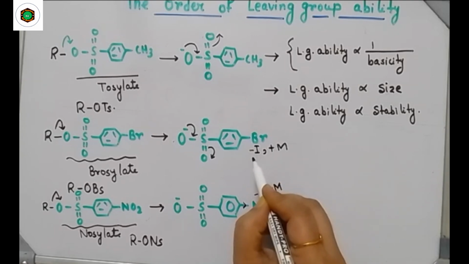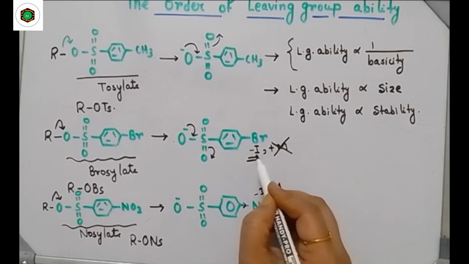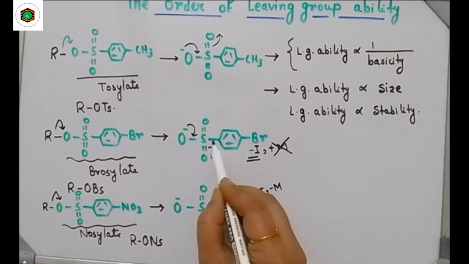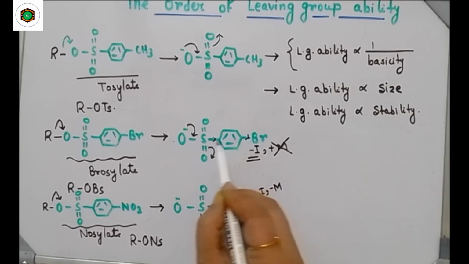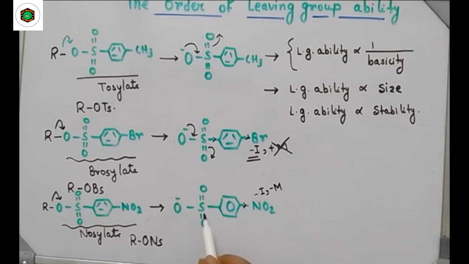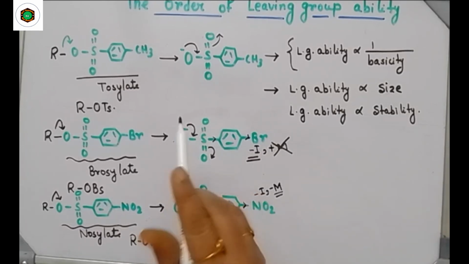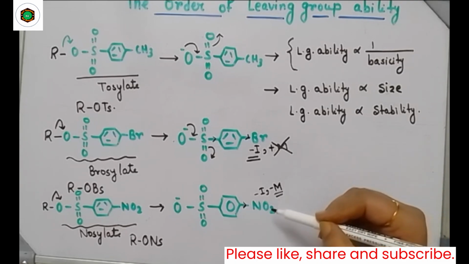But the minus I effect is stronger here; the plus M effect is not that strong. So due to the minus I effect only, it obstructs electron density from this sulfur in this direction. Therefore, it becomes electron deficient, but less electron deficient than this one, which also has a minus M effect. So this sulfur is more electron deficient here than this. Obviously, here negative charge density is decreased to a lesser extent than this. So between these two, which one is more stable? This nosylate.